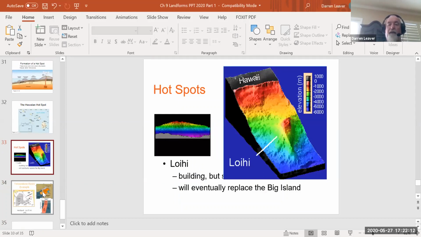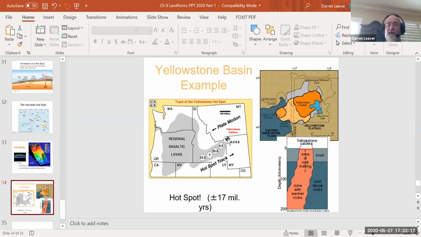We have the same thing going under the continents too, in Yellowstone. So Yellowstone, we do have active volcanism over there. We know that from the hot springs and geysers. But 2 million years ago, 6 million years ago, 10 million years ago, 12 million years ago, we have volcanic eruptions that were occurring in what is now Idaho. And those, when they erupted, were actually located over the hotspot that is currently under Yellowstone.